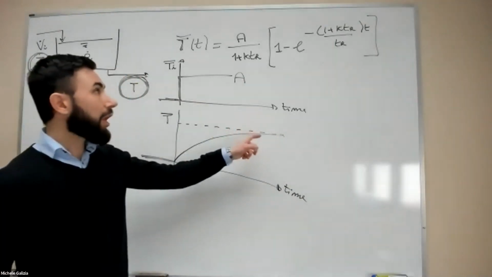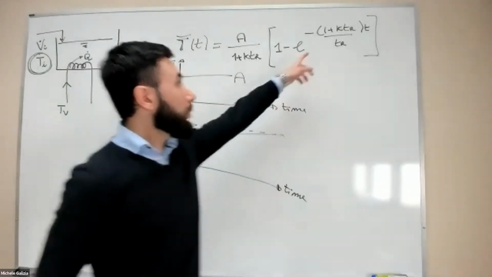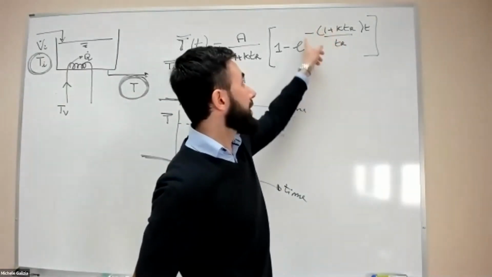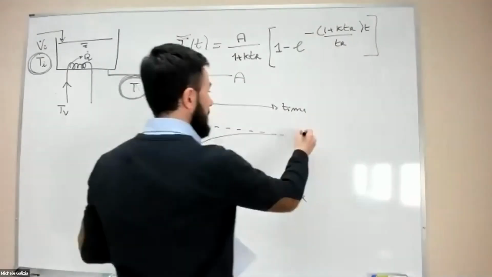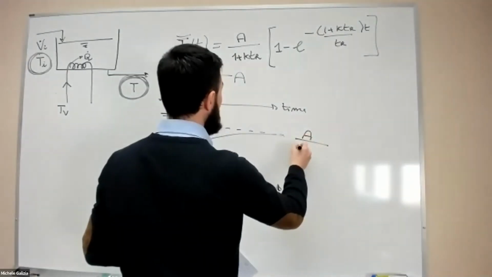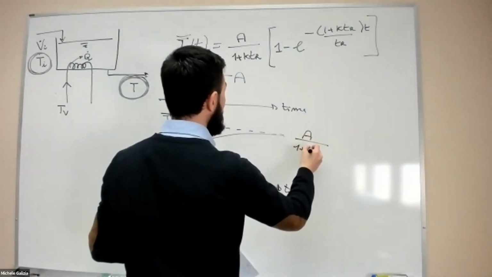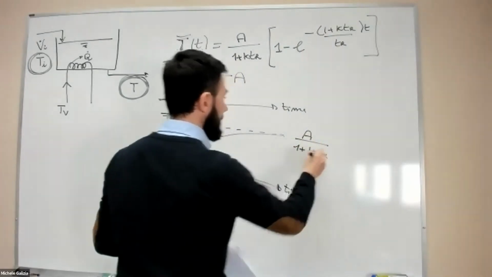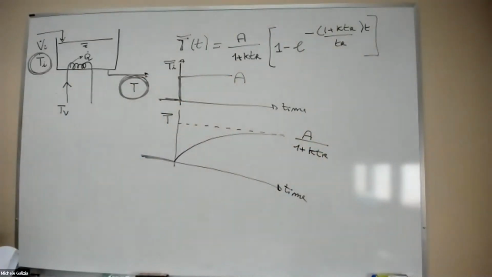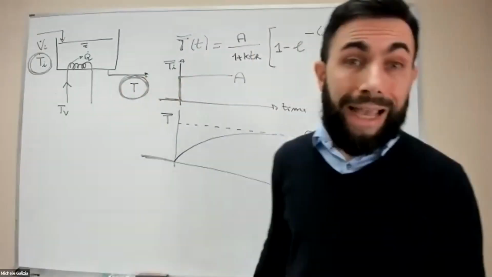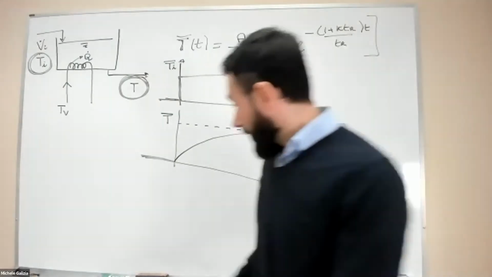What is the asymptotic response of the temperature? When time goes to infinity, this exponential goes to 0. And so the asymptotic response will be A over 1 plus K Tr, which is an expression similar to the one that we found before. Okay? That makes sense.